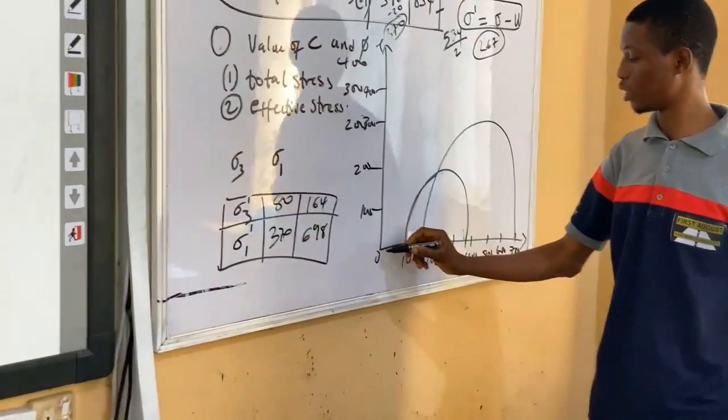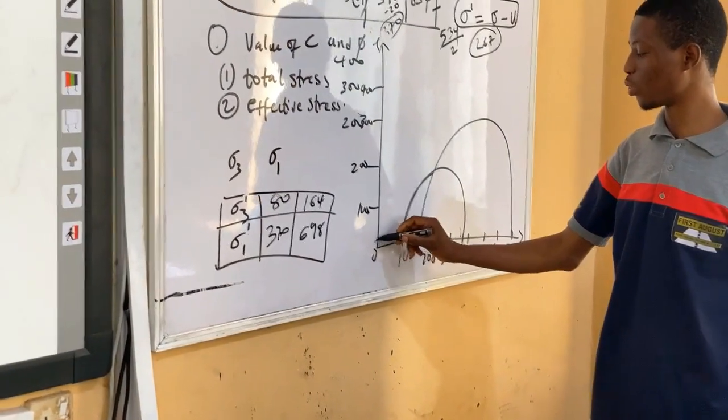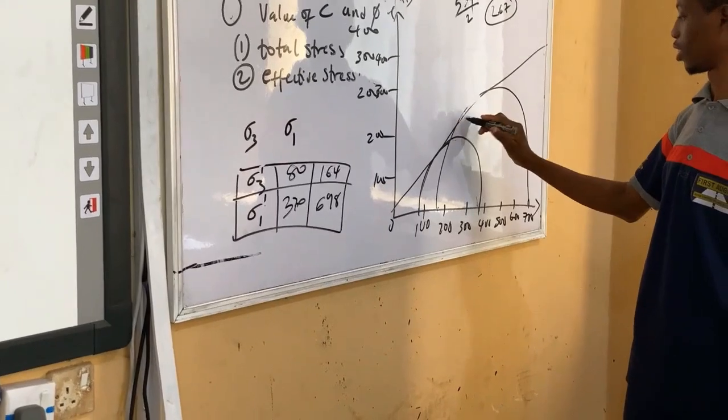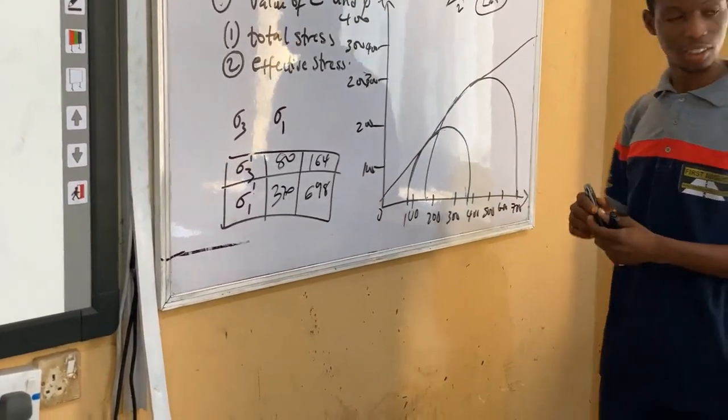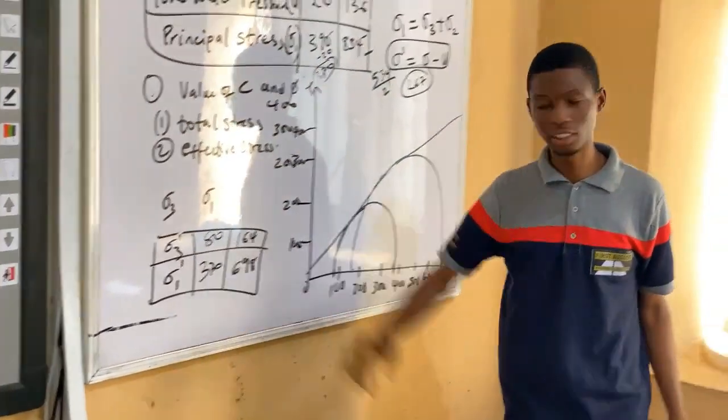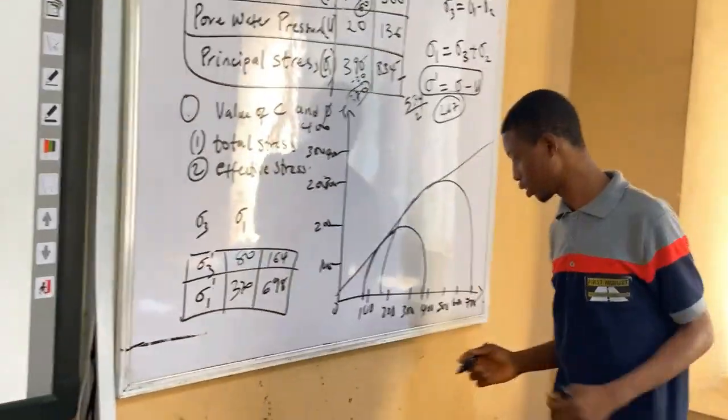Okay, we still have C. On this one now, the first thing is to get 80 and 370.